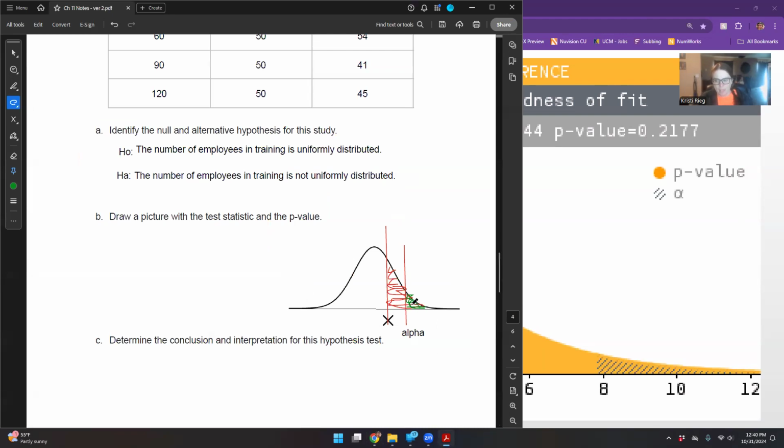Okay, so again, alpha is 5%. This red part is almost 22%. So we are over here in the land of do not reject.